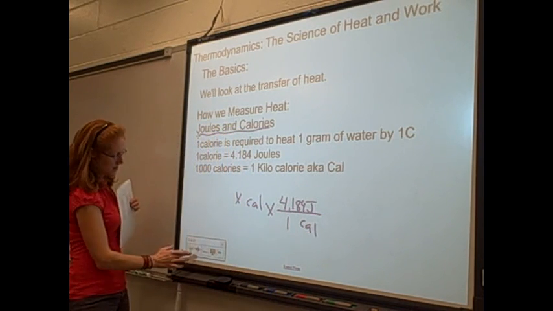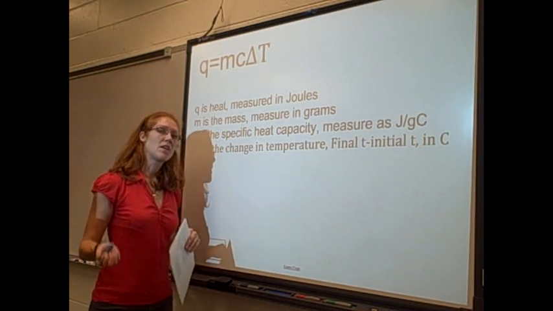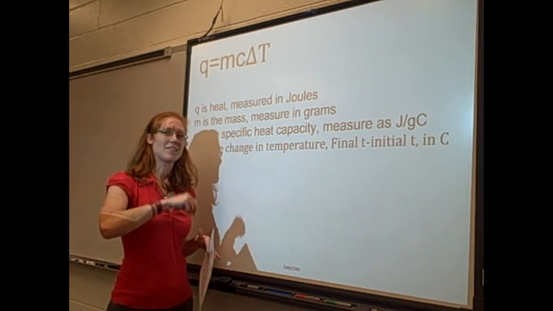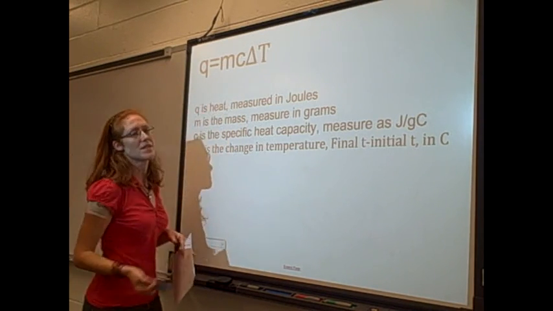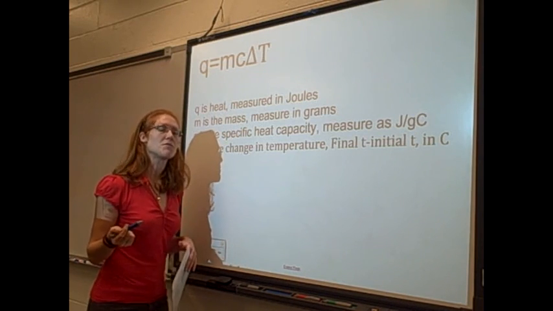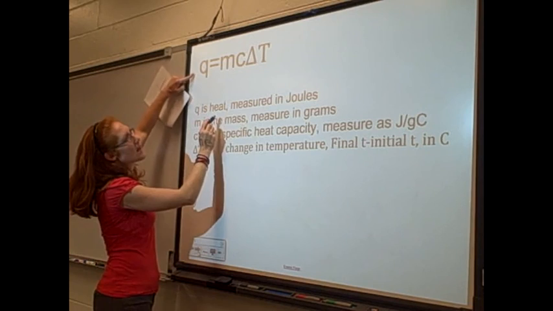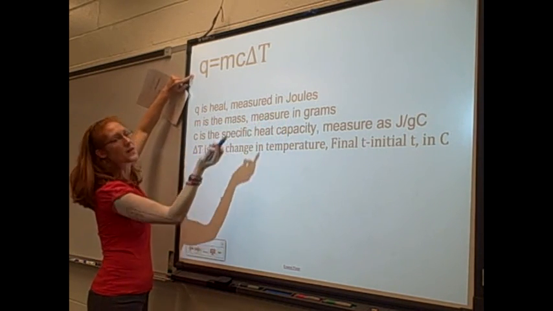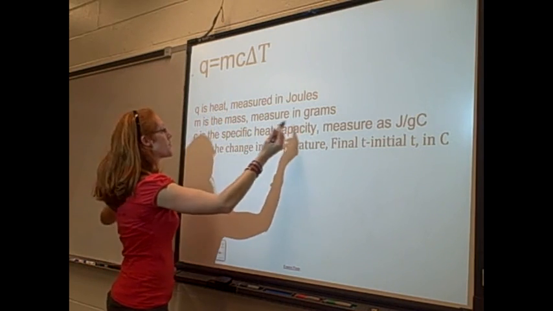So, the equation we use for calorimetry, and by the way, calor is heat, metry is to measure, so measuring heat, is going to be Q equals mc delta T. You can find it on the sheet you use in AP. Q is going to be heat, and we measure that in joules for the most part, or calories as we saw. M is going to be the mass measured in grams.